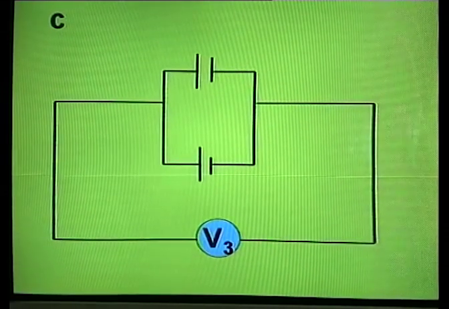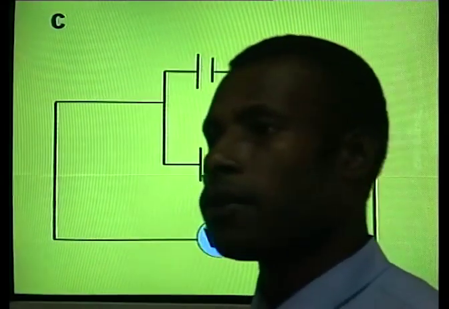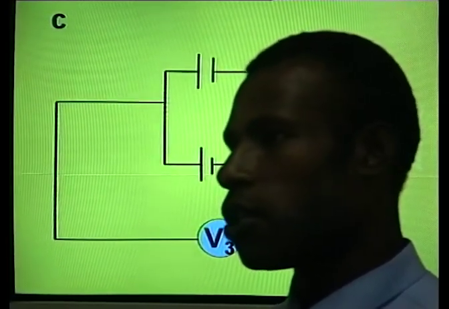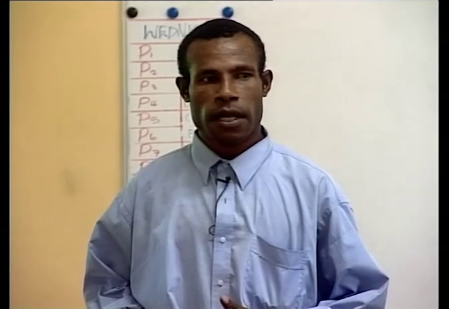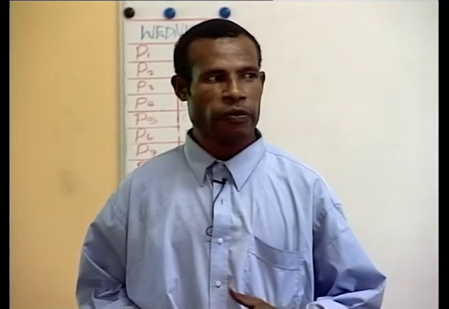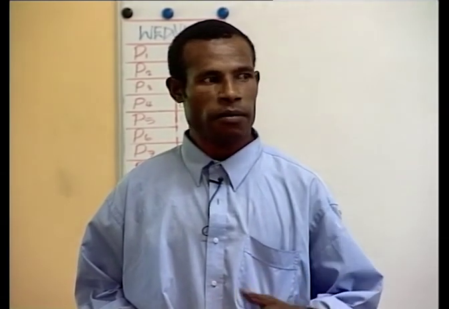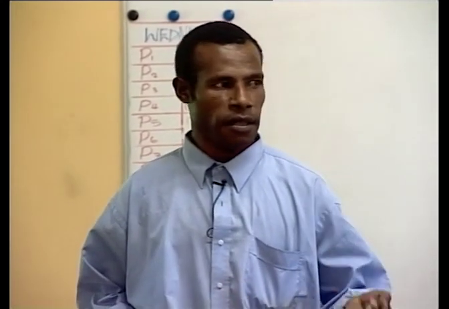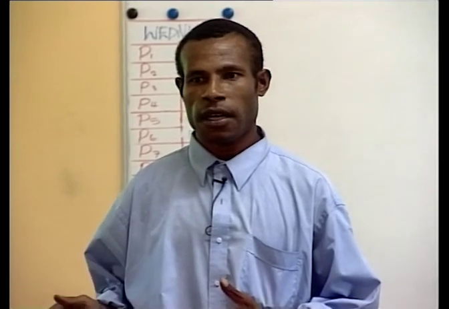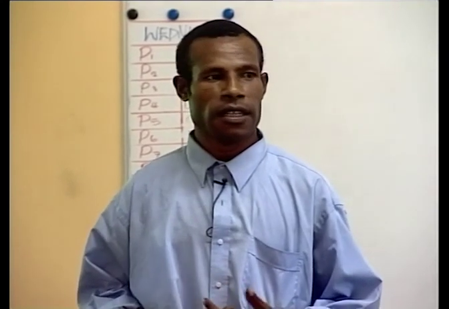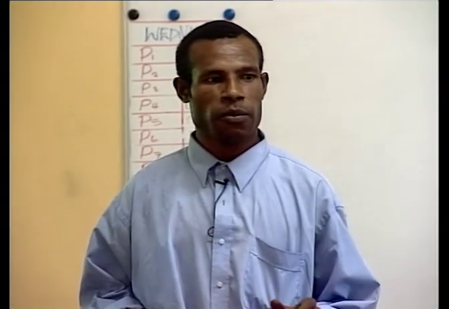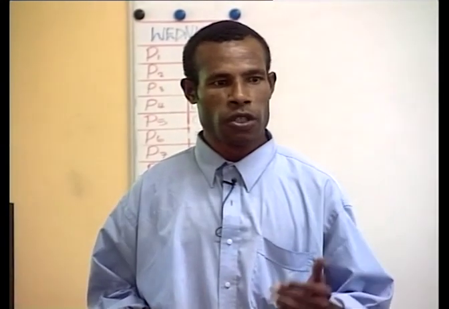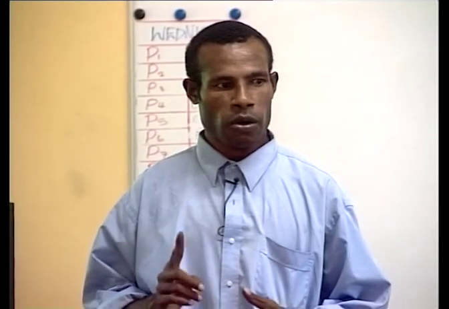That is what you should understand whenever you are connecting or arranging cells, whether in a parallel circuit or series circuit. You will find that the terminal voltage will be changing. In series it may increase if you connect one after the other, but in a parallel circuit, if it is 1.5, whether you connect 3 or 4, it will still give you a reading almost equal to only one cell.